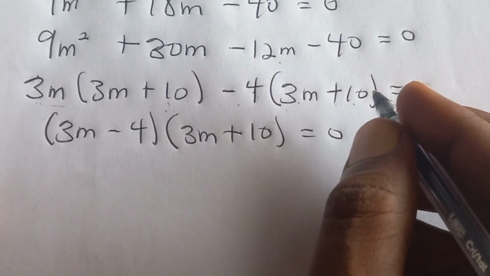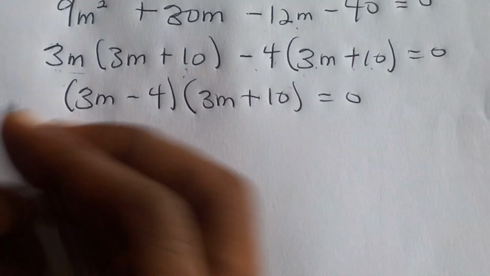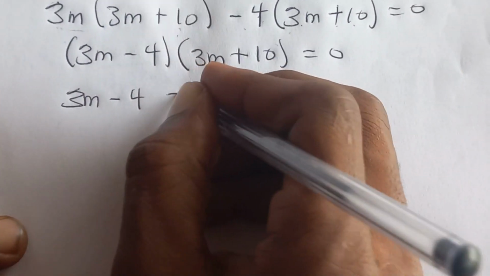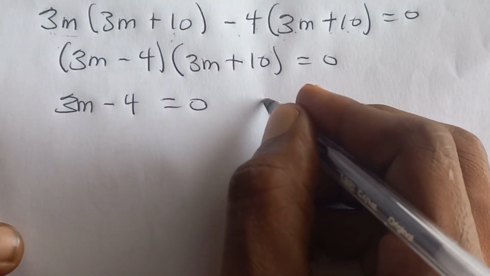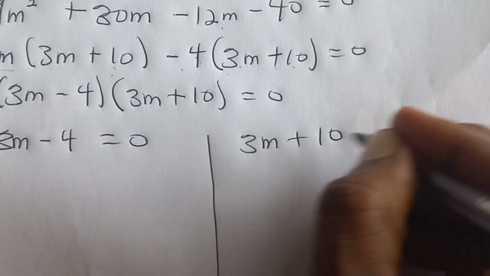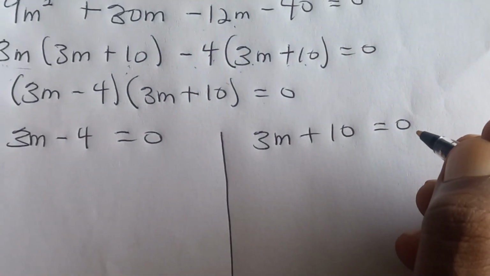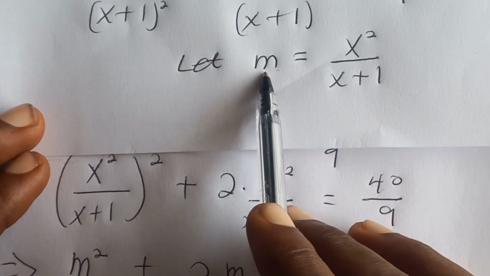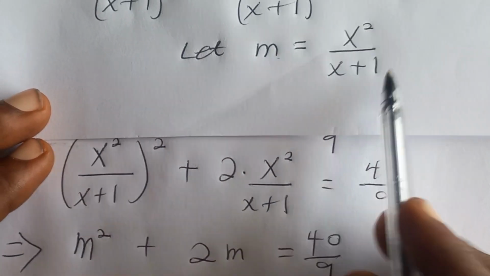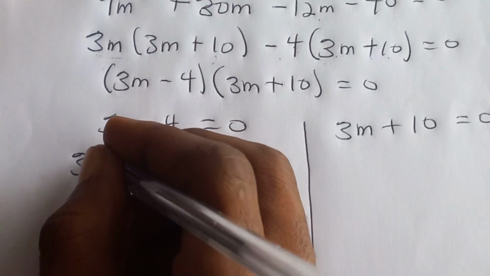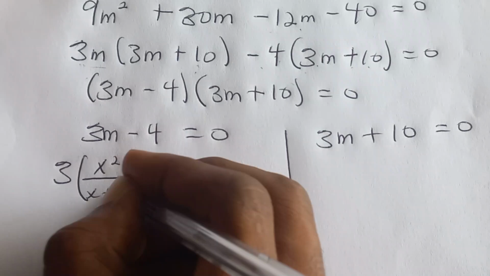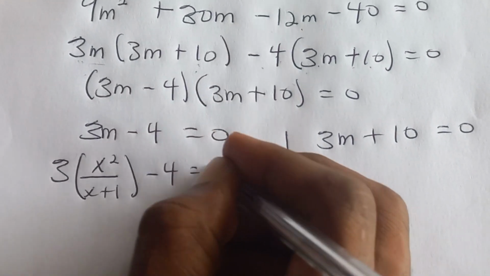Okay, so in this case, we are having 3m minus 4, which is equal to 0, and then another one, 3m plus 10 is equal to 0. Okay, let's not forget that we said that our m is equal to x squared over x plus 1. So we have 3 into bracket x squared over x plus 1 minus 4 is equal to 0.